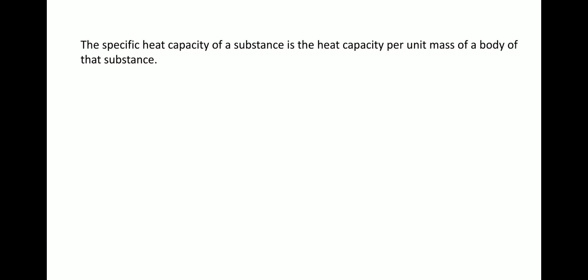Heat capacity is the heat energy required to raise the temperature by 1 degree Celsius, whereas in the case of specific heat capacity, the mass is required, and it has to be a unit mass.